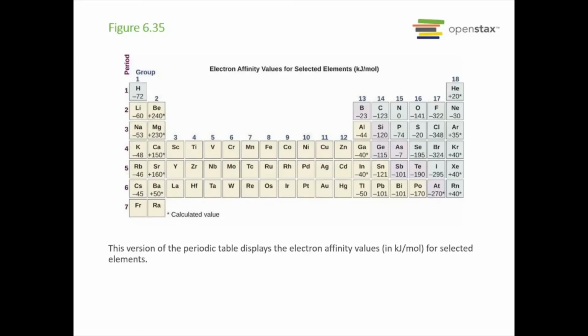So here are some examples. You can see our electron affinity and how it changes going from left to right. Remember, our alkaline earth metals are a little weird since they have that filled s subshell. You have to put in energy to get them to take it.